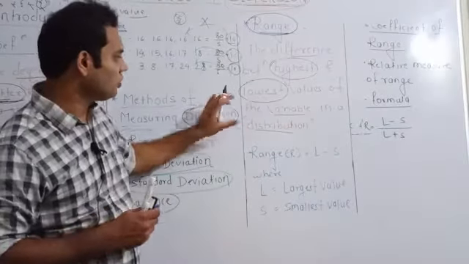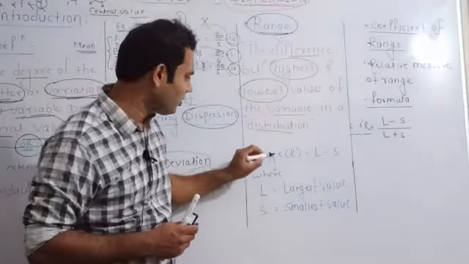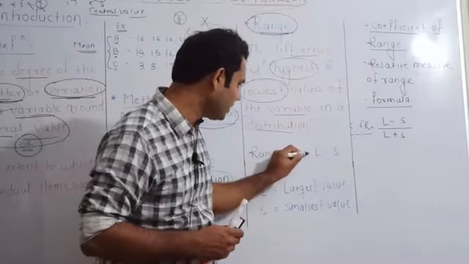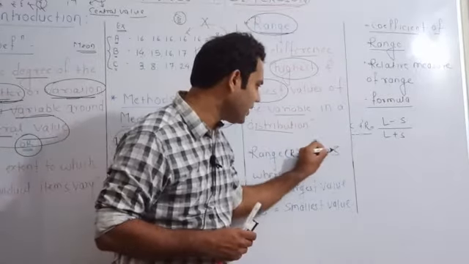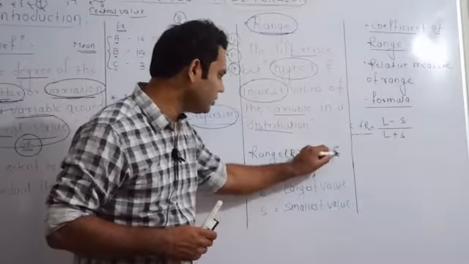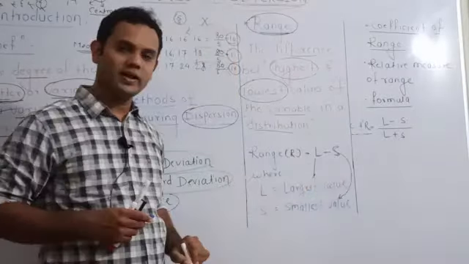Range is given by the formula R = L - S, where L is your largest value and S is your smallest value.